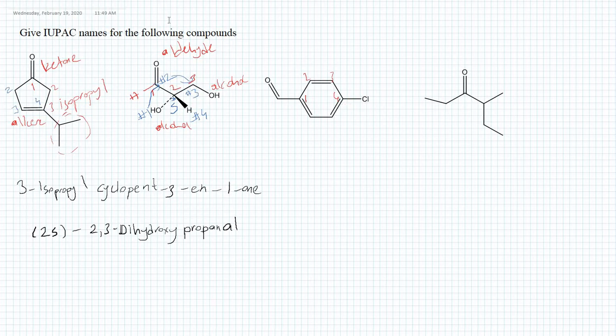So let's write the name for this molecule. It is para-chlorobenzaldehyde. Let's write here, I will abbreviate as P, para-chlorobenzaldehyde. It's the common name, benzaldehyde is the common name, but if you would like to write another name, you can say that this is benzene.